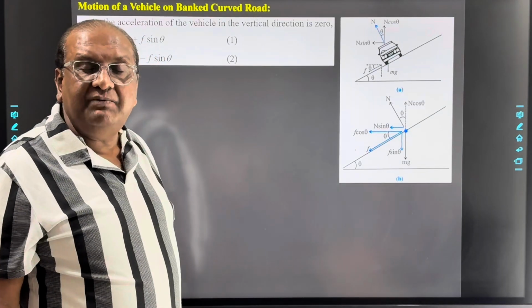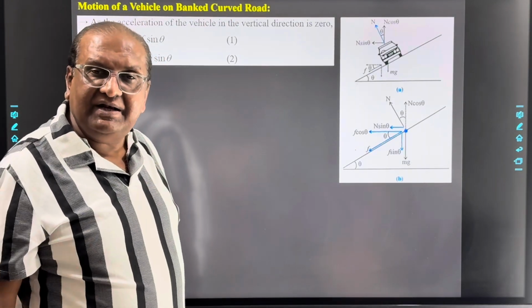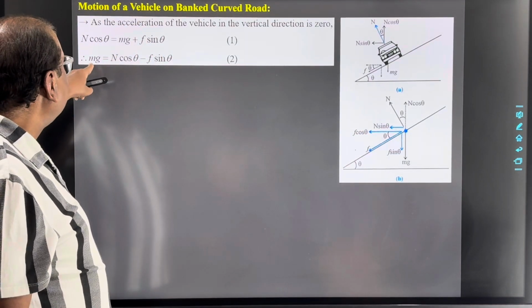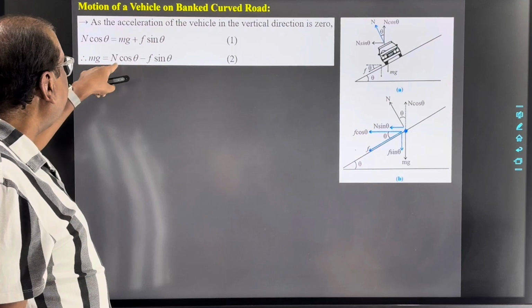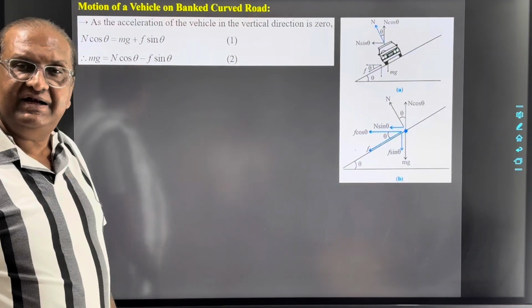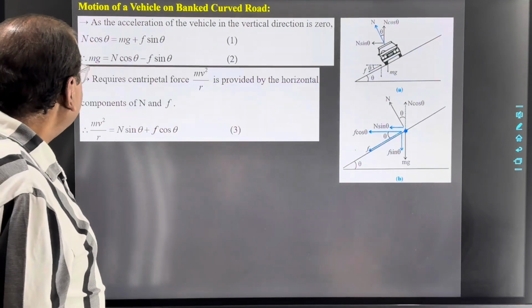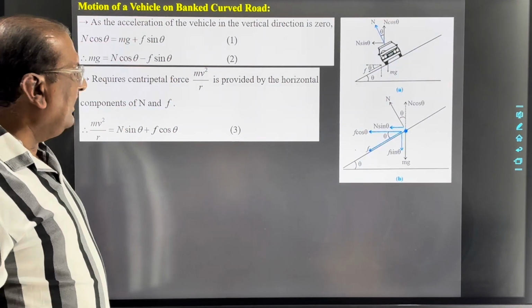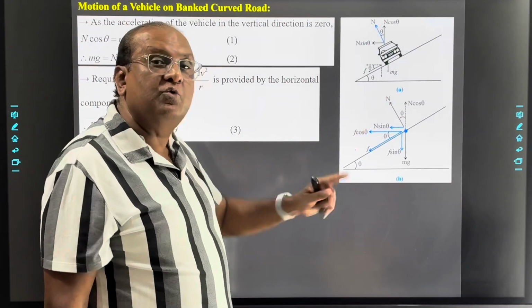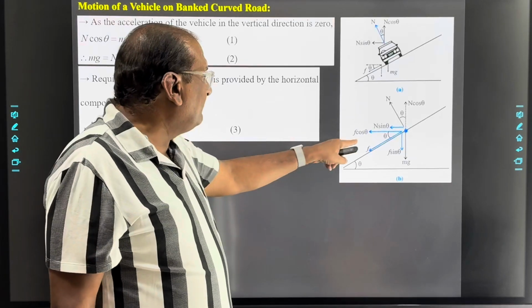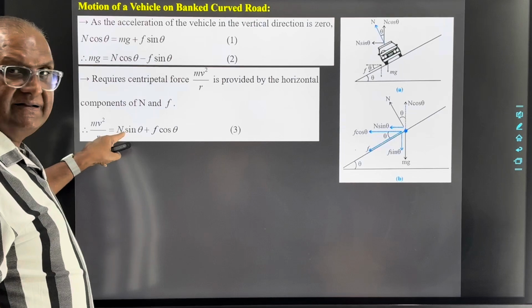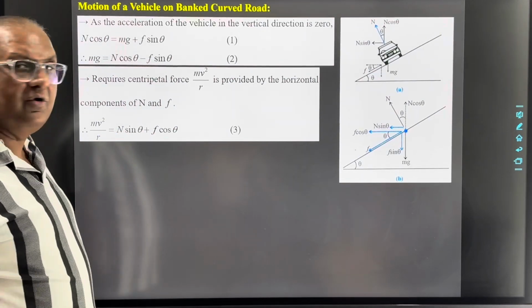These two will provide the required centripetal force. So in this equation, if we make mg the subject, we can write n cos theta minus f sin theta. Now the required centripetal force mv square by r will be provided by these two forces which are towards the center, f cos theta and n sin theta. Therefore mv square by r is n sin theta plus f cos theta.